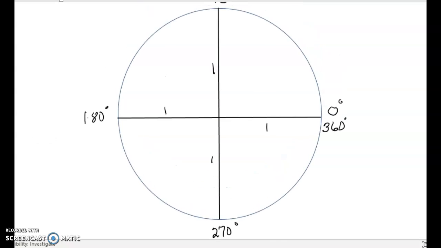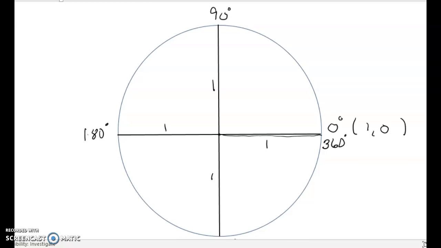You're going to write the coordinates. A 0 or a 360 from your origin would be 1 unit on the x-axis, 0 units on the y. The 90 is 0 units on the x-axis, 1 unit on the y.